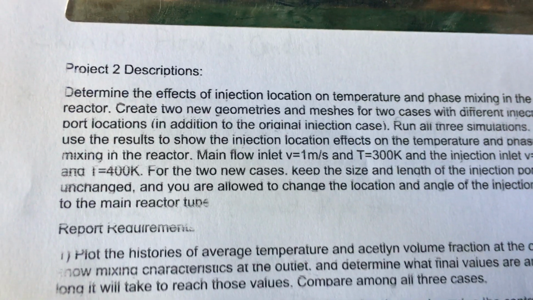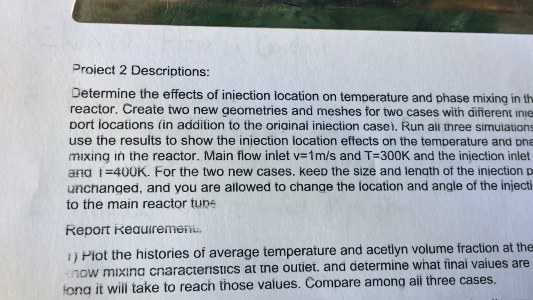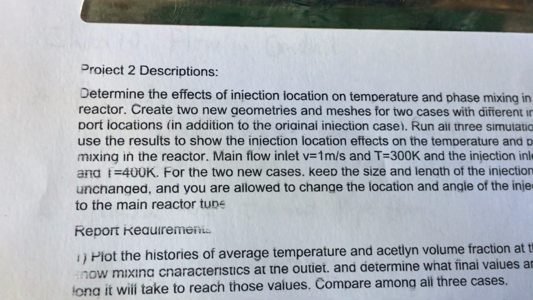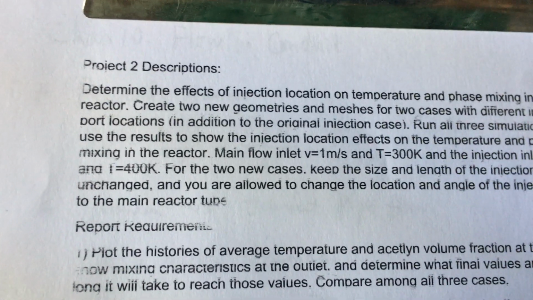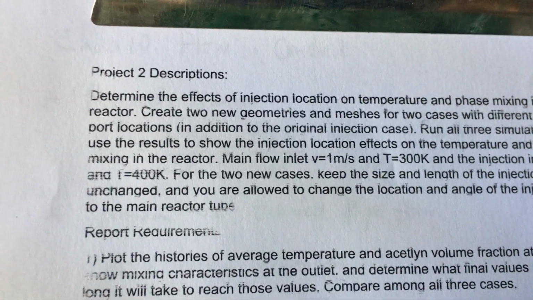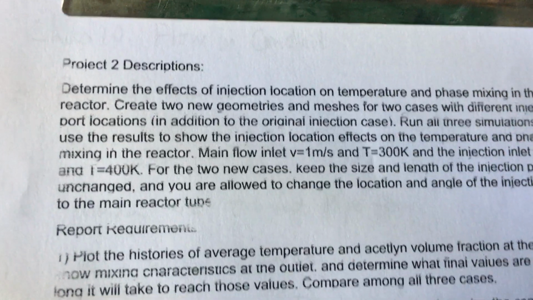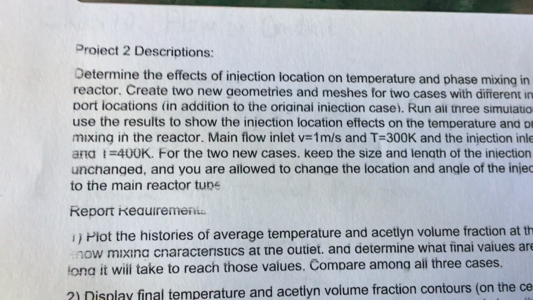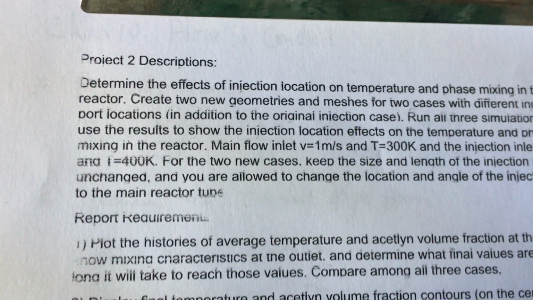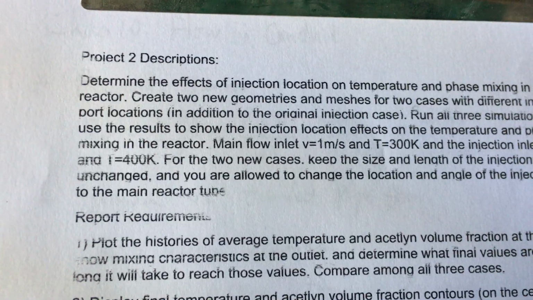So the speed is still 5 meters per second for all your cases, and the temperature is still 400 K in all your cases. The only thing you can change is the position of the injection port. It's up to you. That's a design project, so if you can find a better design, that would be great.